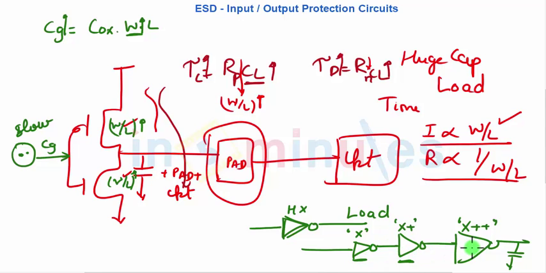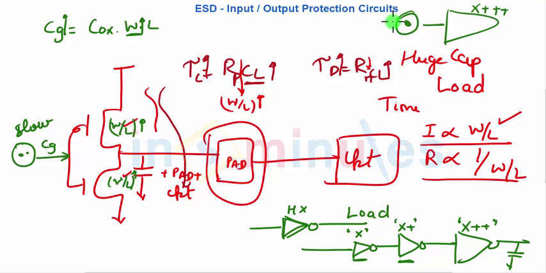X plus only has to drive X double plus, so it will still not get very slow, compared to this guy which was X triple plus, and this previous guy had to drive X triple plus, so it would have gone tremendously slow. Here we are distributing the capacitance in such a way that it's not heavy pressure on one huge sized inverter. So this is nothing but the concept of driver chains which we use at the output, correct?